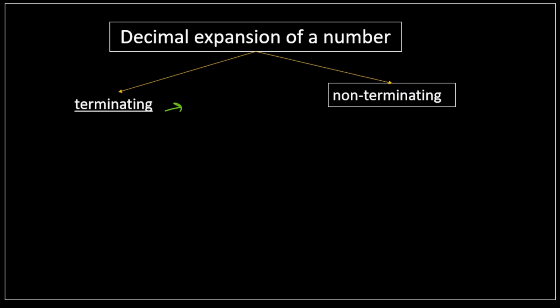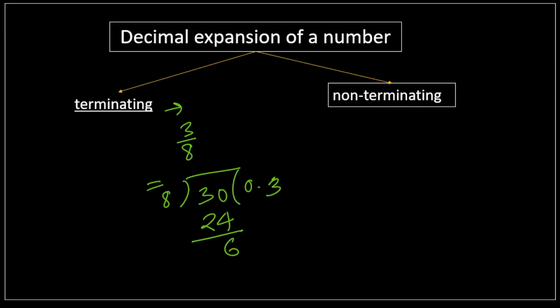A terminating example is, if we divide 3 by 8, then we put a decimal point, and we carry a 0 here because we have added a decimal point. 8 times 3 is 24, we get 6. We have a decimal, so we can add a 0.